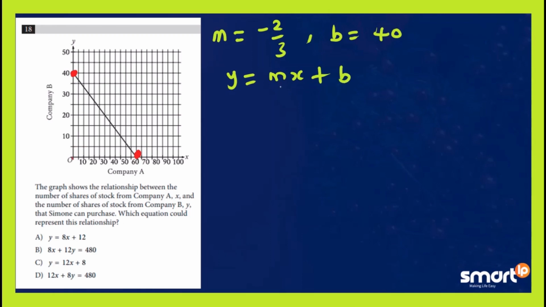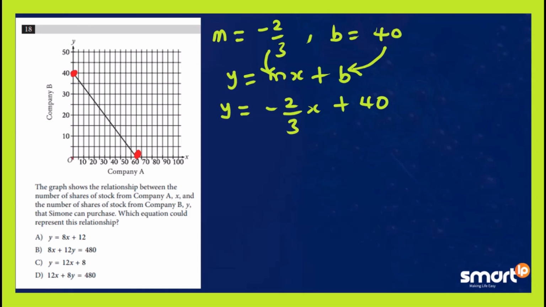So anywhere we see m, we are going to put minus 2 over 3 there. Anywhere we see b, we're going to put 40 there. And so our equation will become y equals minus 2 over 3x plus 40.